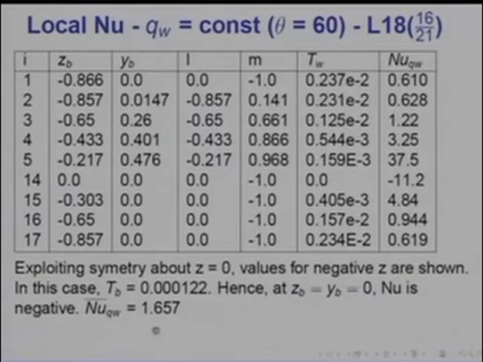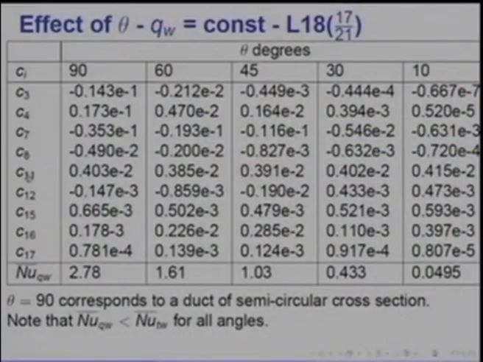It is 1.6, which is the circumferentially averaged heat transfer coefficient. Again, I have shown on this table what the coefficients are for Q wall equal to constant condition. And you can see again C3, C4 are finite, C7, C8, C11, C12, C15, C16 and C17. These are the coefficients, same as before for constant wall temperature, they are finite, remainder are 0.